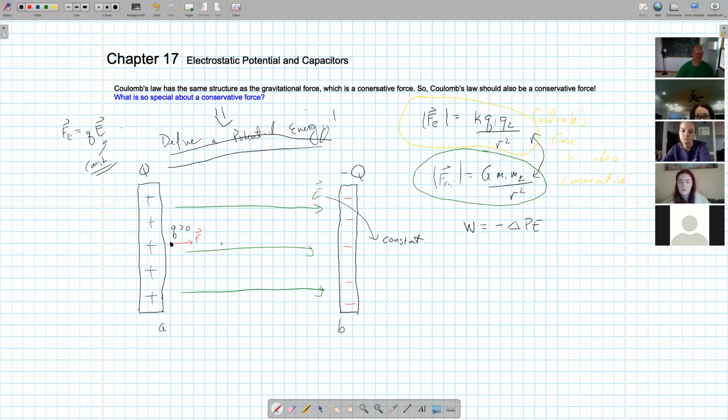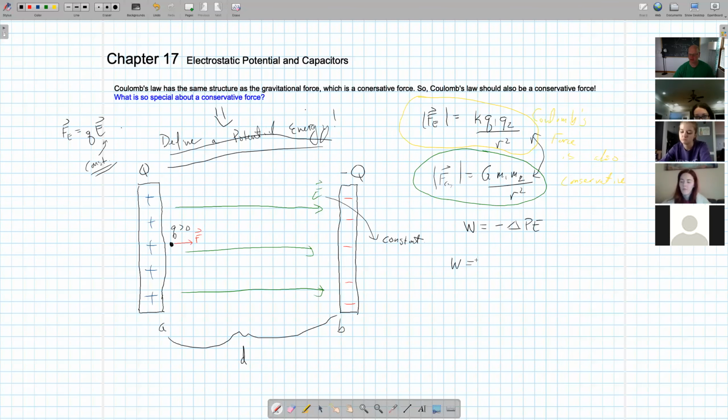So in this case, the force points to the right. Let's say these two plates are separated from A to B by a distance D. We want to know the work done by the electric field to move the charge from plate A to plate B over this distance D.